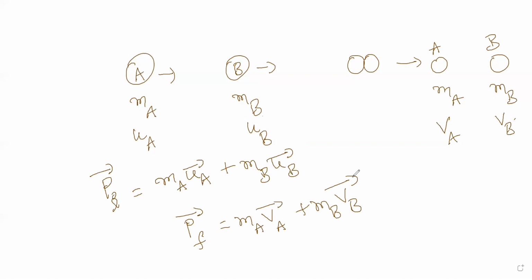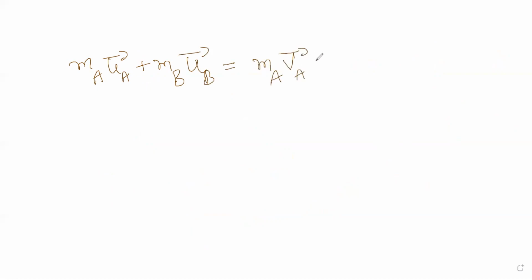And now the equation: if the net force is 0, that means the system is in a completely isolated condition. You can always write that P initial, ma ua bar plus mb ub bar, is equal to ma va bar plus mb vb bar.